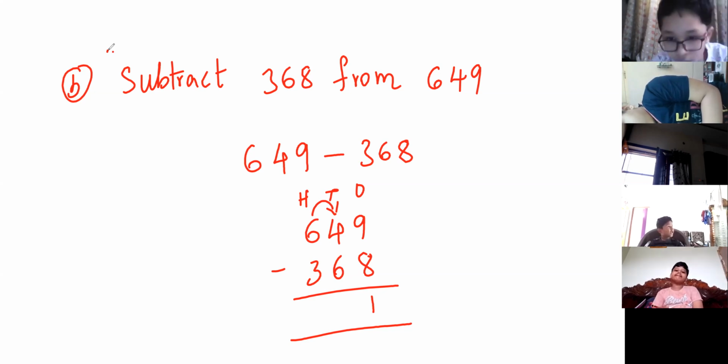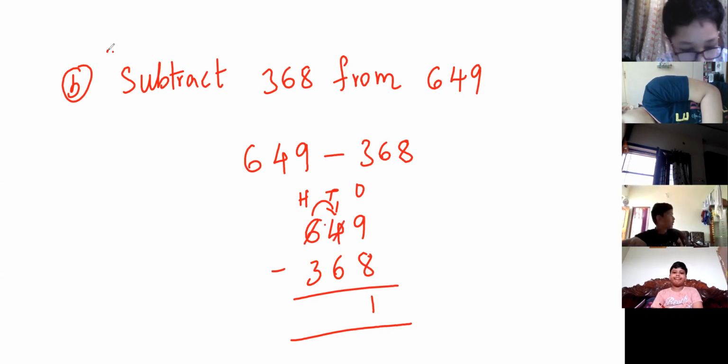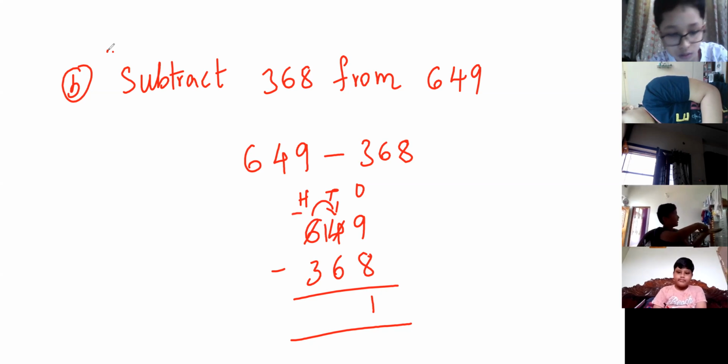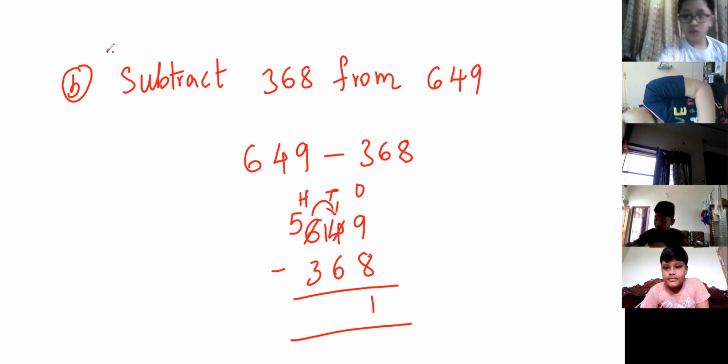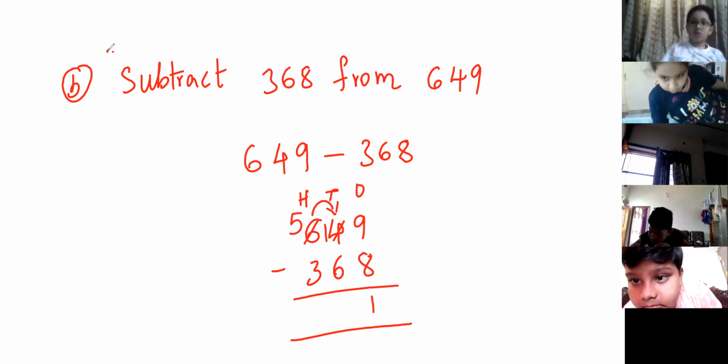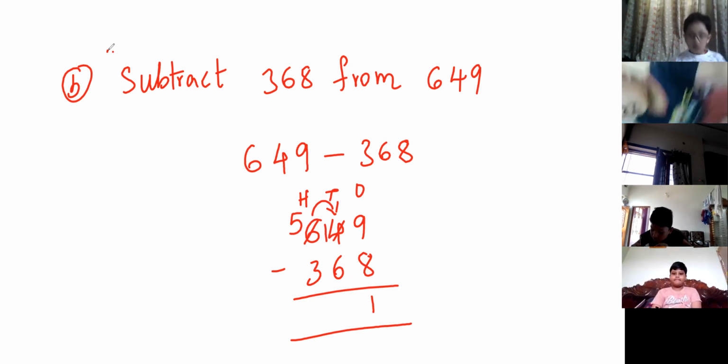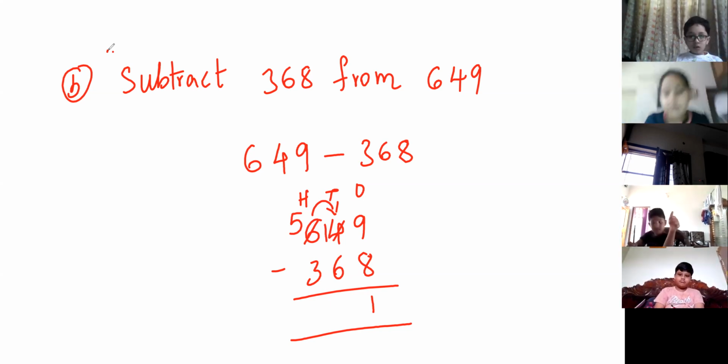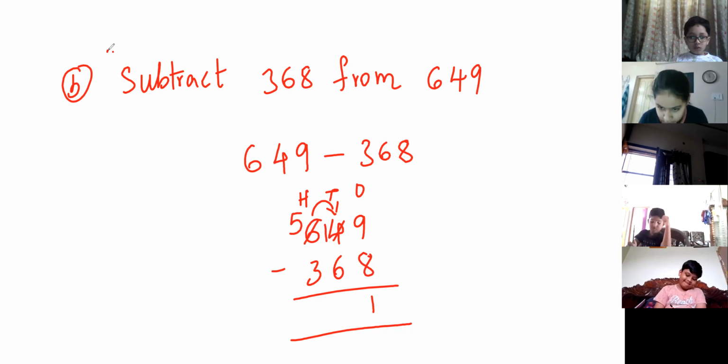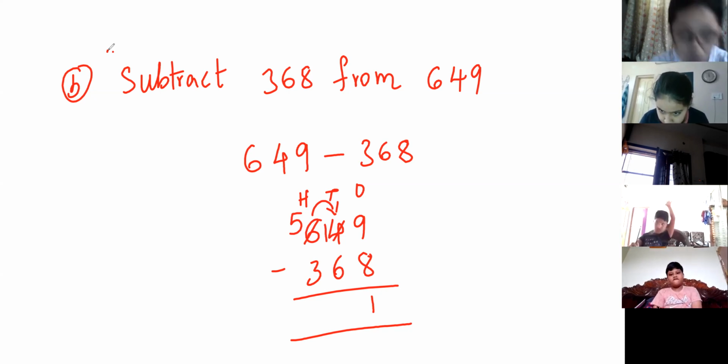You have to take 1 borrow from 6, so 6 is reduced to 5, right? We have taken 1 from 6, so it is reduced to 5. And in the tens place, it's 14. We have made it 14. Now 14 minus 6 is how much?